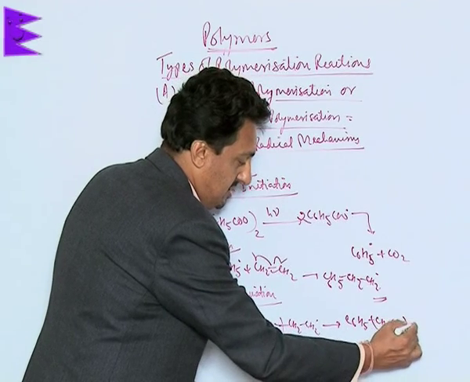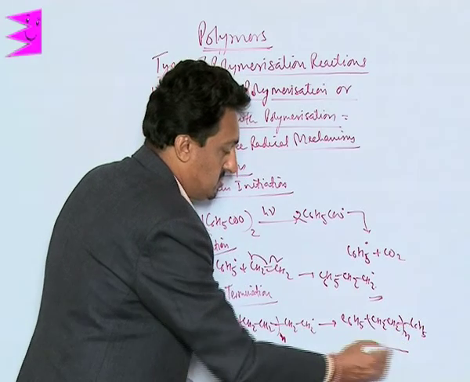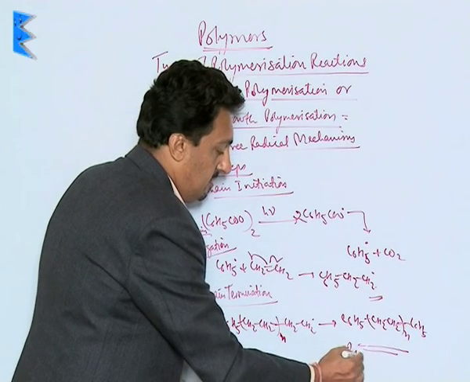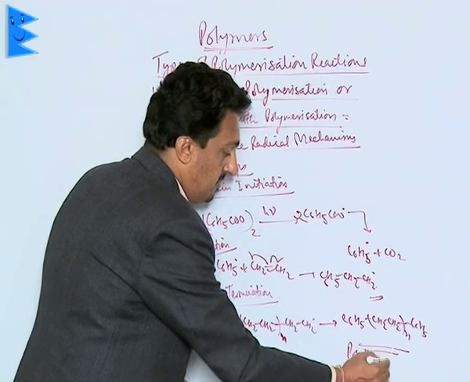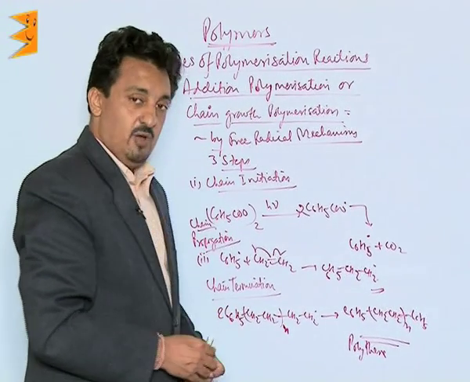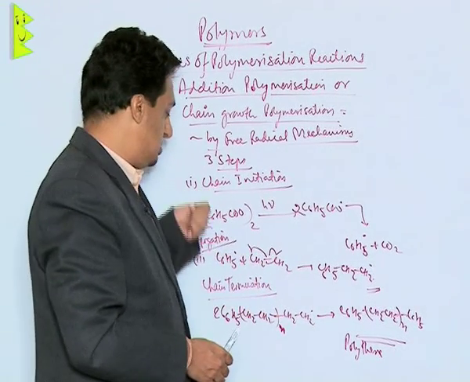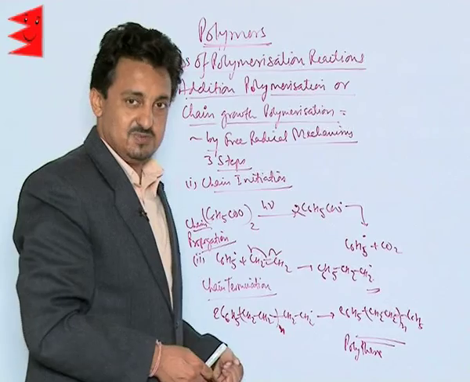I'm writing it down here, C6H5 at the other end. So this is how we have got your polyethene or polyethylene polymer. So this is a simple way of explaining the mechanism, which is a free radical mechanism involving chain initiation, propagation and termination, three steps.